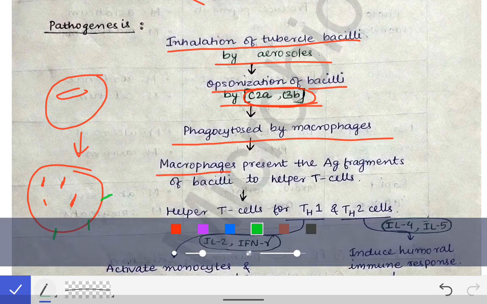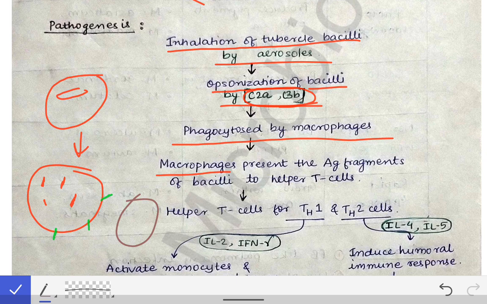Suppose this is our T cell; these are the receptors of the T cells, and the macrophage is presenting these antigenic fragments to them. Now what happens to these T cells? Once they get exposed to these antigenic fragments over the macrophages, these T cells get converted into type 1 helper T cells and type 2 helper T cells. And the real pathogenesis now begins here.